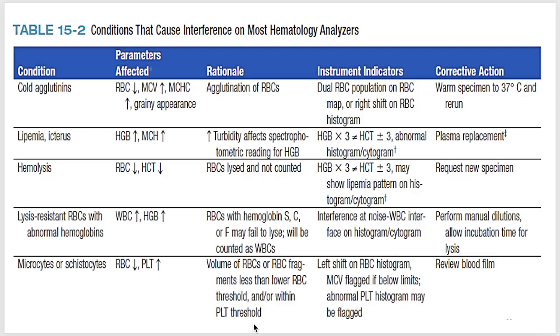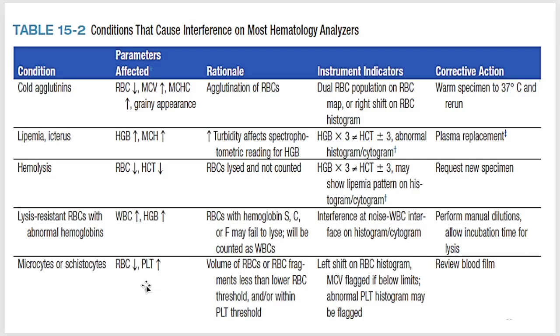So, yung RBC na maliliit ng microcyte and schistocytes, nababasa siya as platelet. Therefore, your platelet will be increased and your RBC will be decreased. Kasi yung maliliit na RBC, hindi siya nababasa as RBC, kaya bumababa ang RBC. Pero yung maliliit na RBC, na me-measure siya as platelet, therefore, tumataas ang ating platelet.